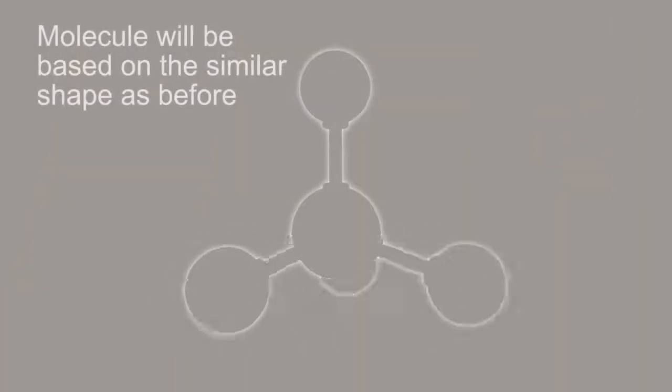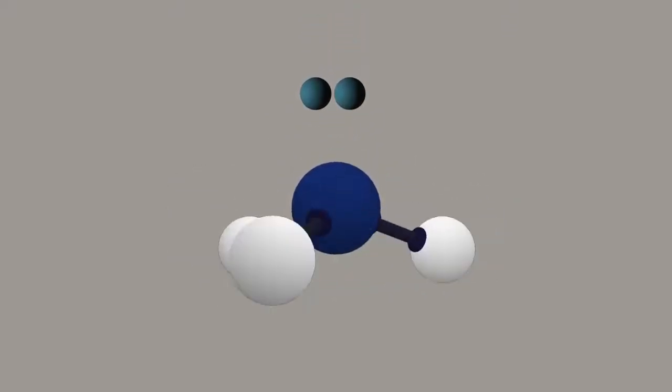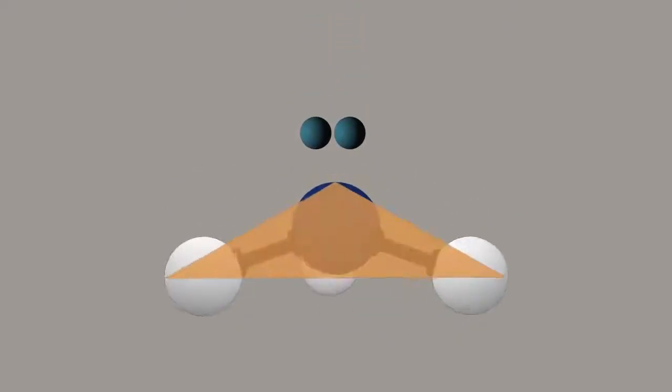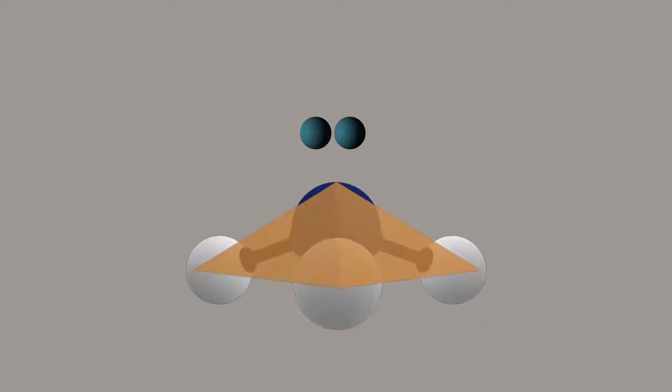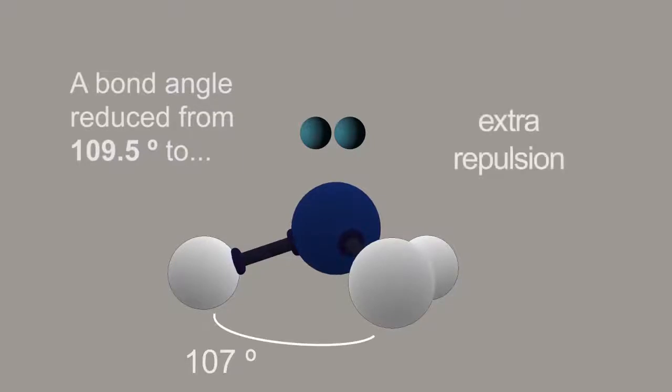Consequently, the molecule will be based on a similar shape as before, only this time the lone pair will repel the covalently bonded hydrogen atoms even more, creating a pyramidal molecule, with a bond angle reduced from 109.5 to 107 degrees due to the extra repulsion of these lone pair electrons.